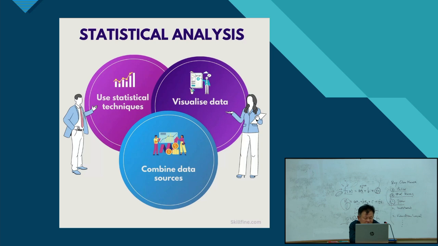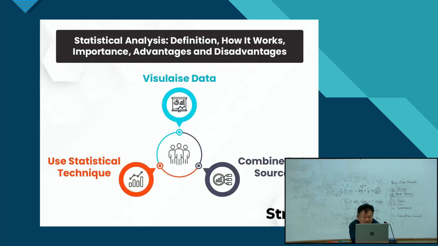And also combine data sources. We choose or collect some different data and then combine the data sources. The series of processing includes statistical analysis. So statistical analysis covers definition, how it works, importance, advantages, and disadvantages.